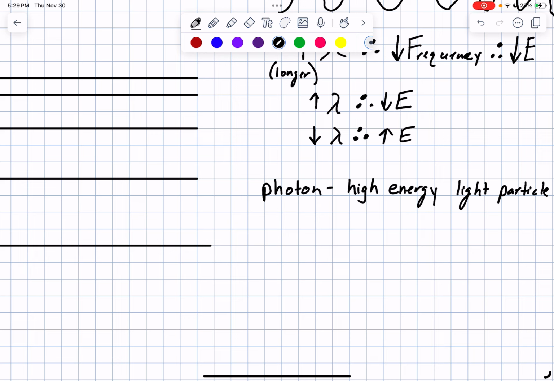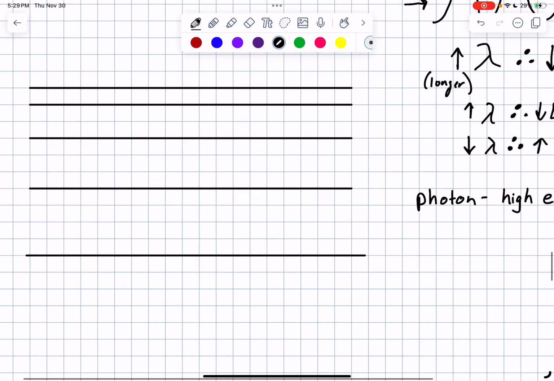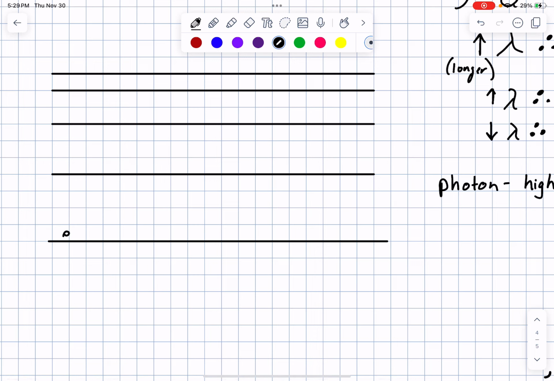And the first thing that they learned was that when we fire these photons at the electron, it is able to actually jump to a higher energy level.